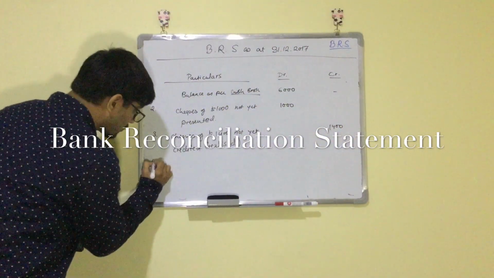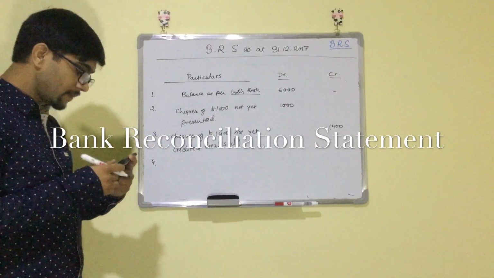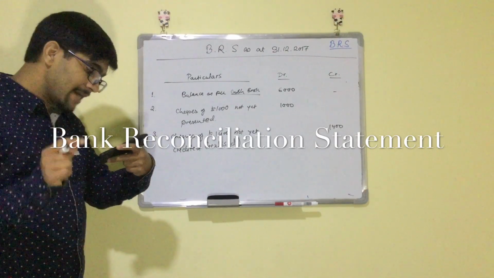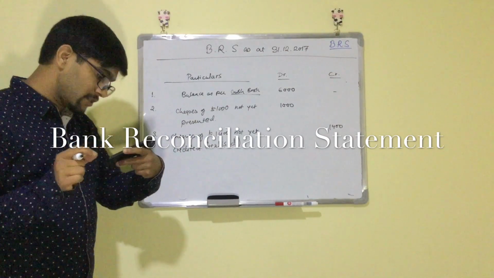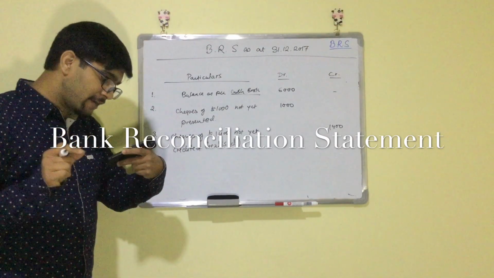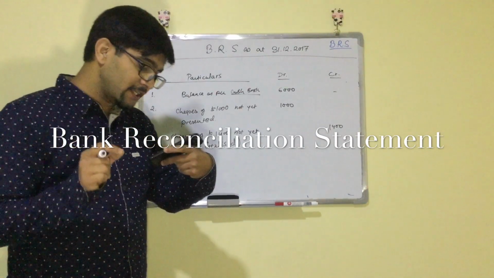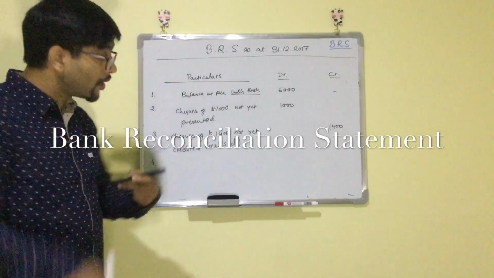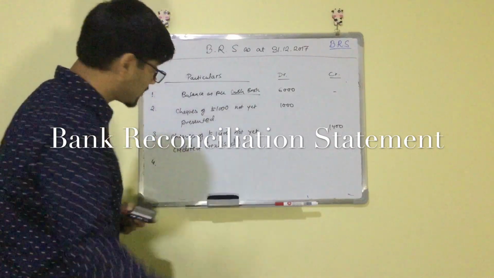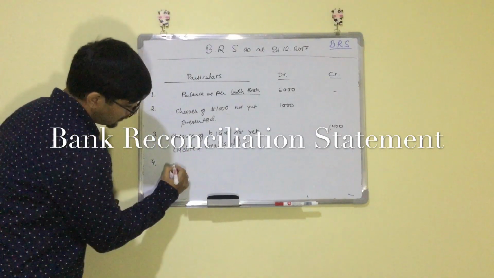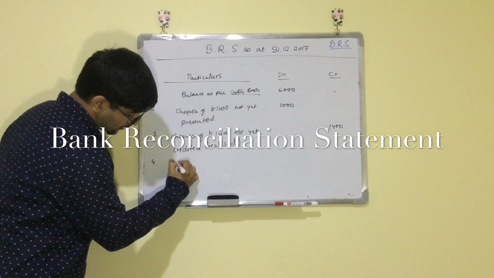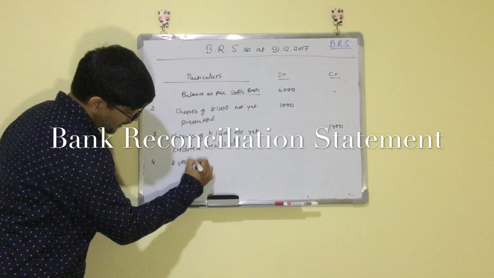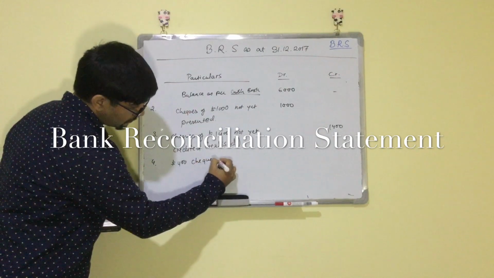Okay, the next one. Sorry, there is another adjustment. Fourth point. A check from David of 400 was deposited in the bank on 26th but was dishonored, and the invoice was received in the next year. What has happened? The $400 check was dishonored.